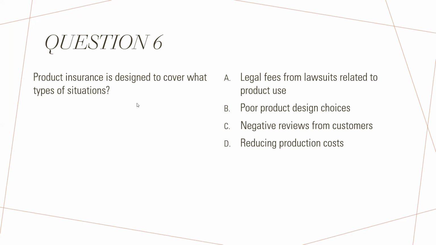Okay, let's read the question again. But first, I need to close this question. Product insurance is designed to cover what types of situation? We have A, legal fees from lawsuits related to product use, and B, poor product design choices.